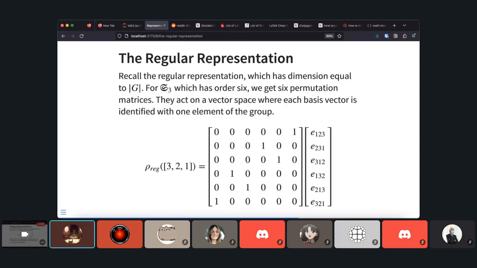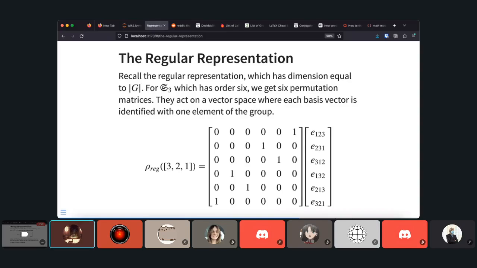And so, I don't know, can you look at this and get how this acts on the 6 elements of the group? And I'm going to call attention to one thing.